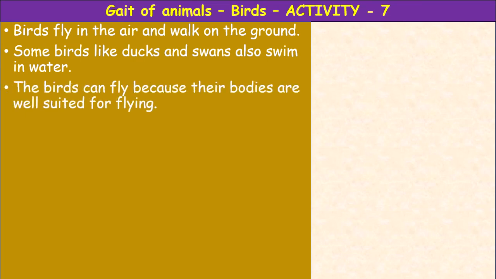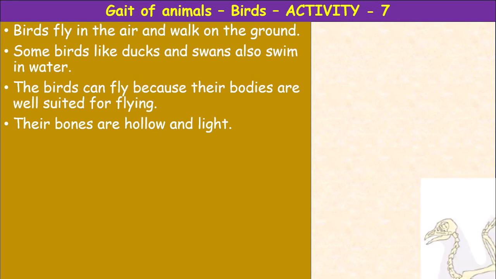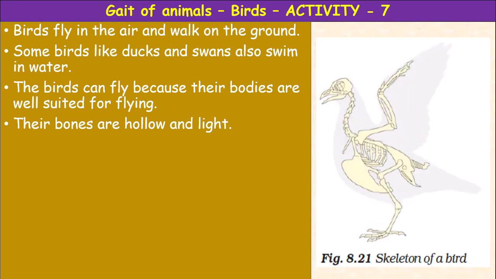The birds can fly because their bodies are well suited for flying, lightweight. They have hollow bones. Due to those hollow bones, their weight is also very less. See, these are the bones of a bird. This is a bird skeleton. The bones are hollow in nature.